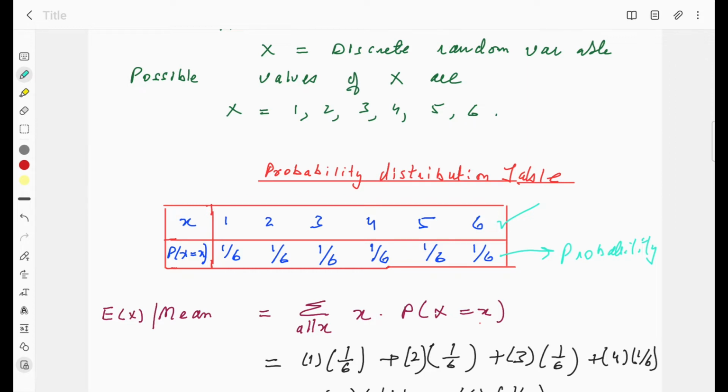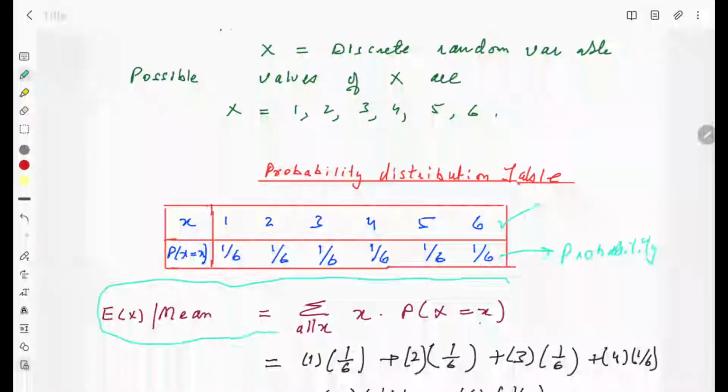In order to find the mean score, I will use this formula. You have to note this formula, it's very important. All x values must be multiplied by their probability, and you get the sum. This sign is for sum.